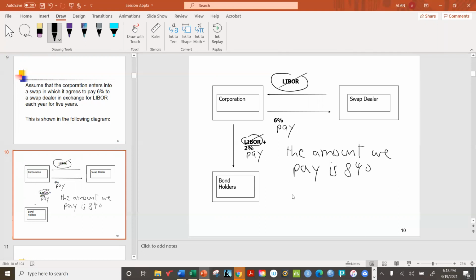And since the notional is $100 million, that means we're guaranteed that every year our interest costs are locked in at $8 million, regardless of the level of LIBOR. And that's essentially what we wanted to do.